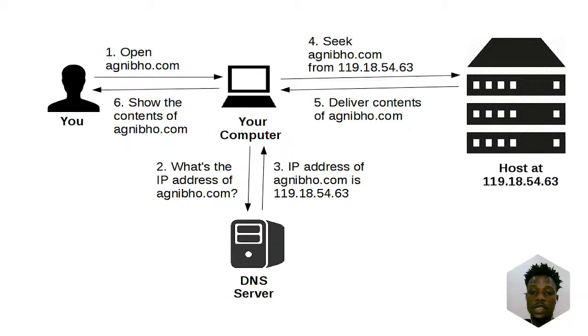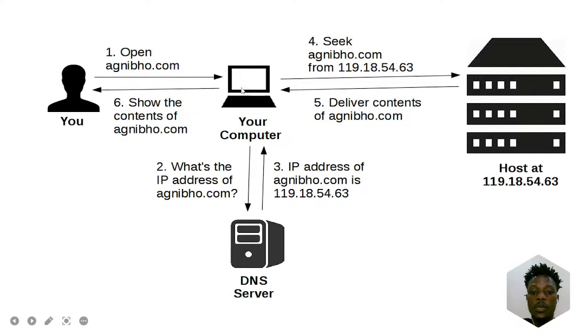So the reason why we need an IP address is because in a particular hosting server, we have a lot of websites, we have a lot of files. So we need to give these websites or files an identity, and that is what the IP address is all about.